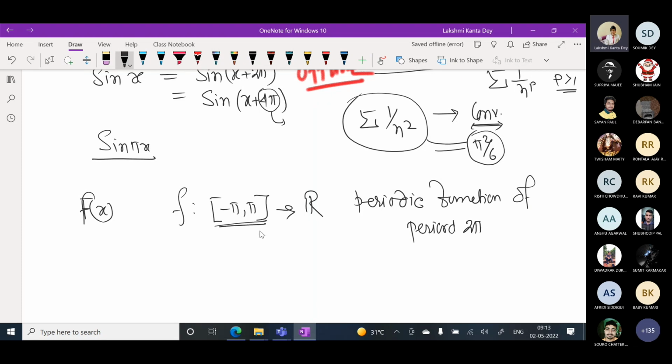And we initially also assume that it is a piecewise continuous function, right?